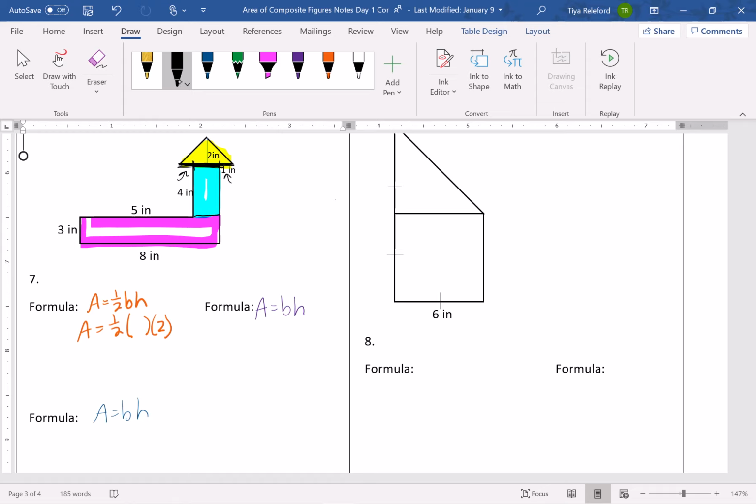It's 8 inches from here to here. And it's 5 inches from here to here. So this, 8 minus 5, makes it 3 inches there. So altogether, I have 3 inches plus 1 inch plus 1 inch. My base is 5 inches.